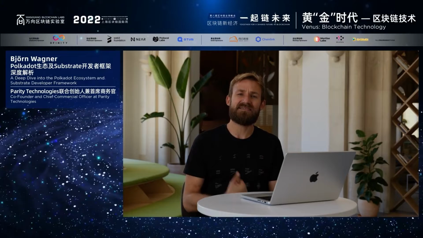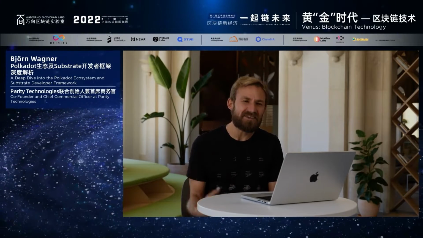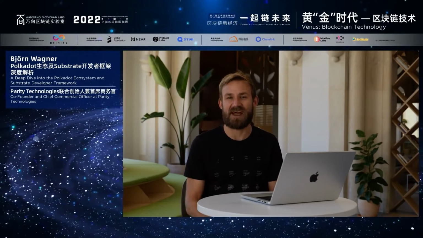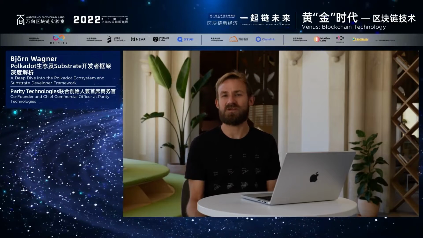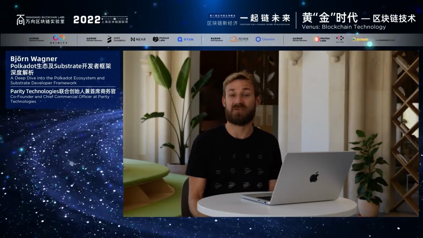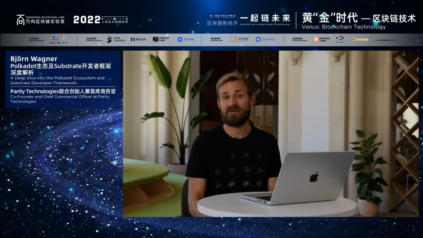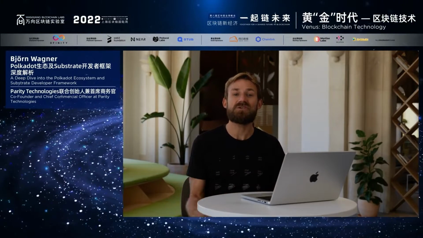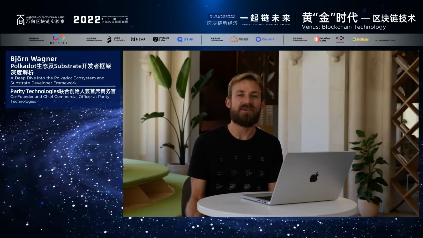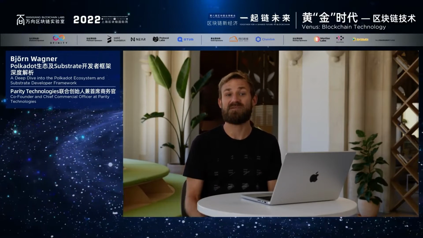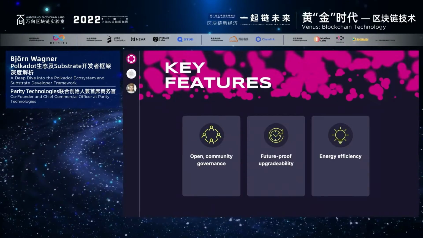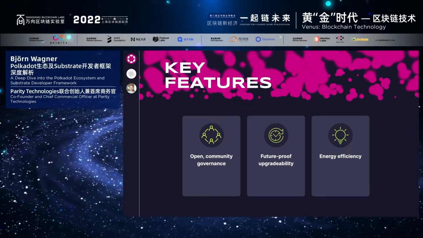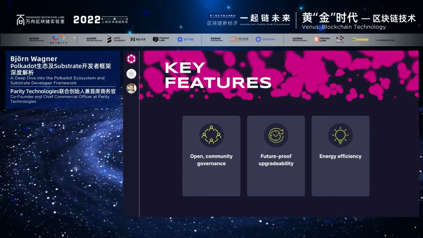Lack of clear governance has meant that decision making is often opaque and centralized, and blockchains are much slower to evolve than the other types of technology we are used to. And if blockchains can't adapt as better technologies and solutions come along, they're at risk of losing relevance as time goes by. So Polkadot has pioneered what is probably the most advanced governance system out there.